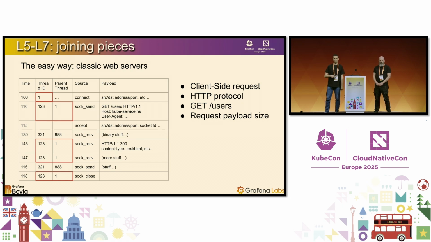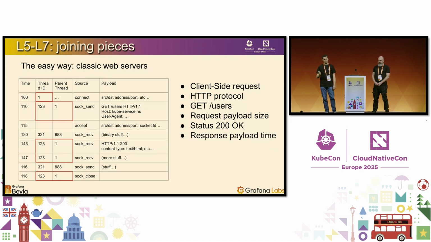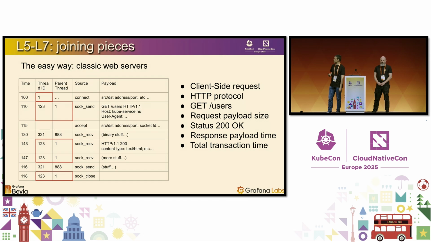You might know the payload size. You might know the response code, because for that same thread ID, you have another event later, at time 143, which is just a random time, with the HTTP status. And you can know the payload time, and even the total transaction time, from when the connection is created until the connection is closed.